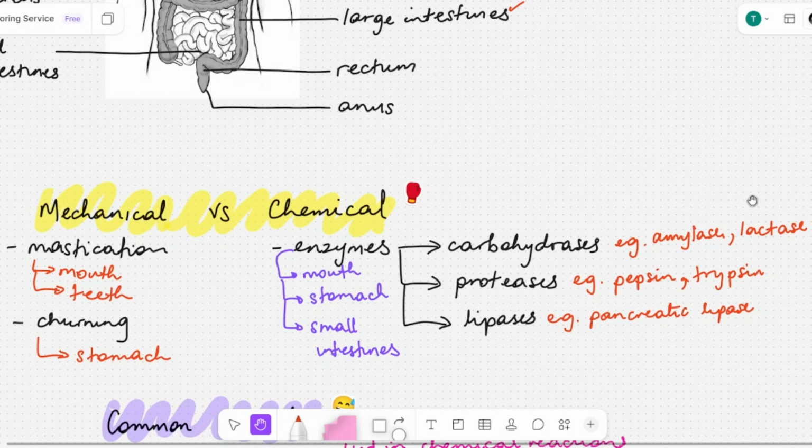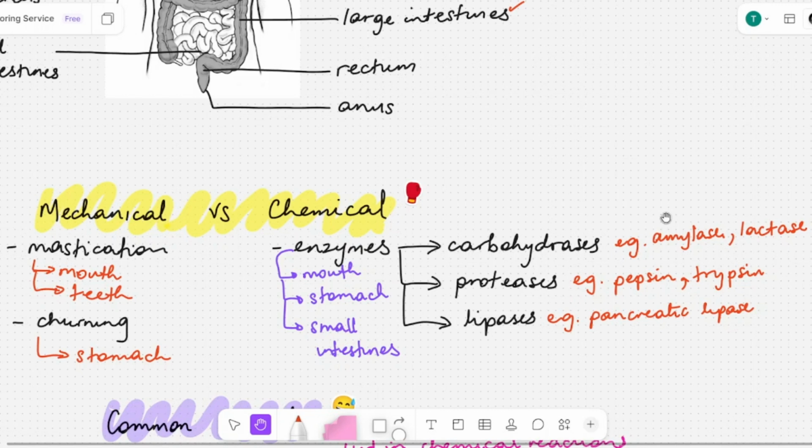in the small intestines. It should be noted that the amylase in your small intestines would never be the same amylase from your mouth, because if you recall, we have that middle point, which is the stomach, that produces hydrochloric acid that would cause the amylase coming from the mouth to become denatured because of the pH.